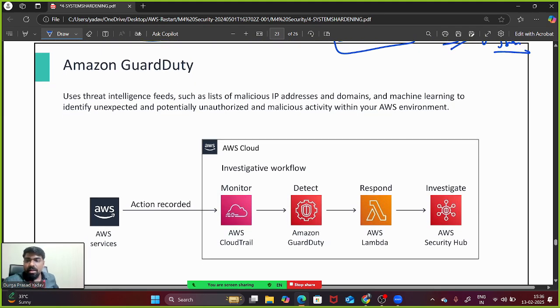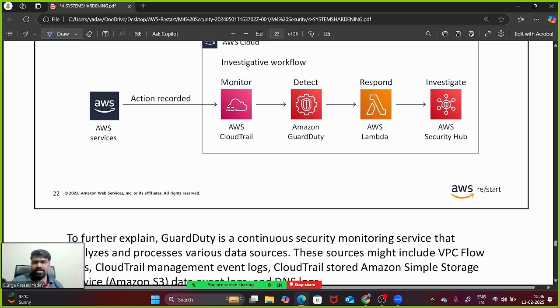Yes, sir. As you can see, one by one, Amazon GuardDuty is a threat intelligence tool, such as a list of malicious IP addresses and domains, and it also has machine learning techniques to identify malicious activity or threats. It will try to find out the threat.